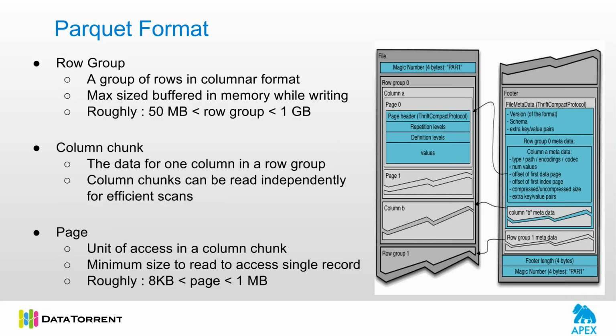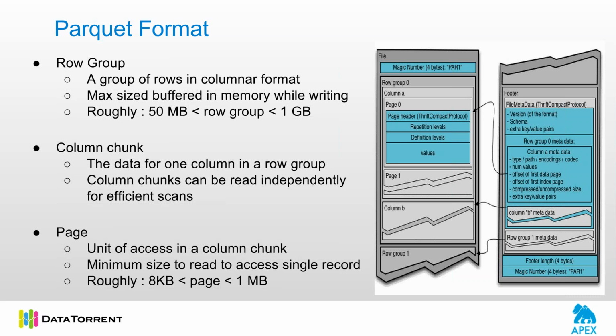When we discuss the format, it will become clear. A Parquet file is made up of different row groups. Even though we say Parquet is columnar, it is columnar per row group.